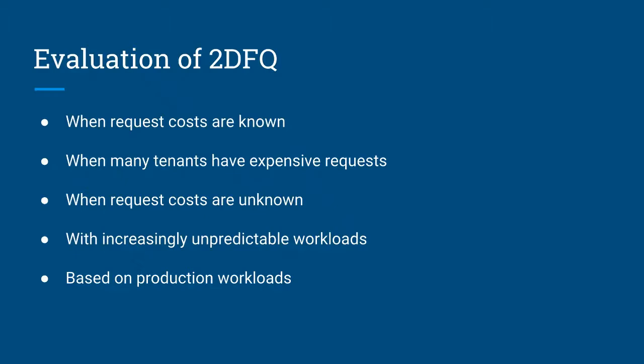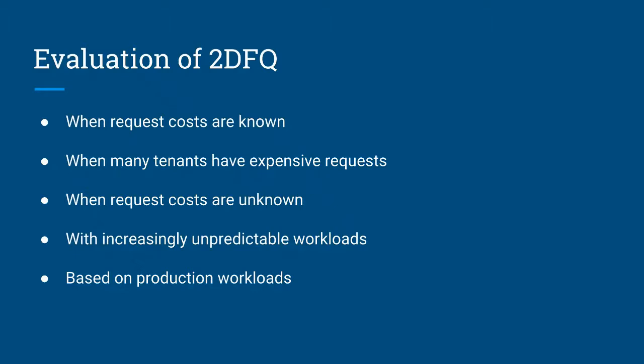When tenants have expensive requests, 2DFQ maintains low service lag variation for small tenants. And when the request costs are unknown, 2DFQE reduces the service lag variation by 1 to 2 orders of magnitude for small and medium tenants.